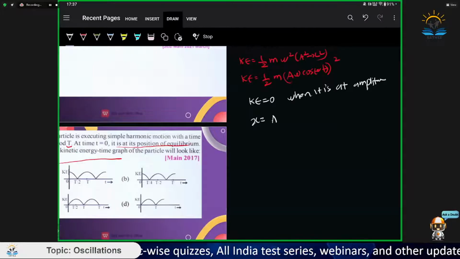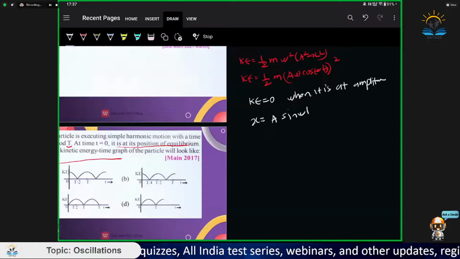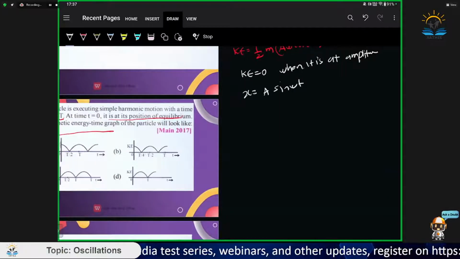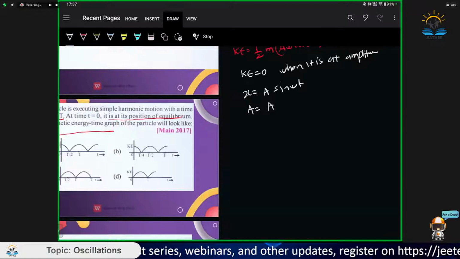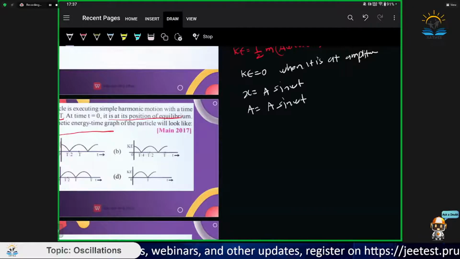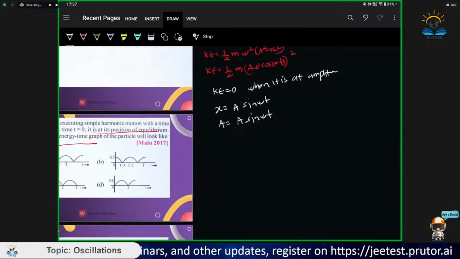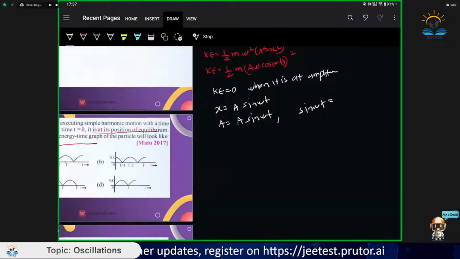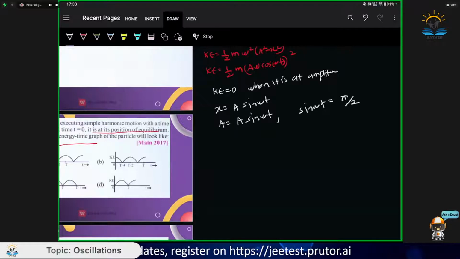So we have to find out, from the equation x is equal to a sin omega t, at which time displacement will become amplitude. So a equal to a sin omega t, because at amplitude a, kinetic energy will be zero. So sin omega t will be 1, that is pi by 2, right? So omega t will be pi by 2.